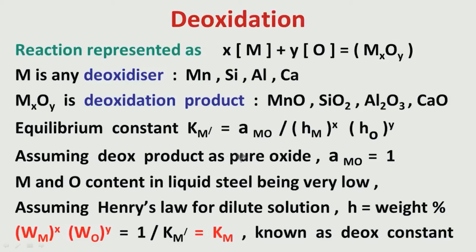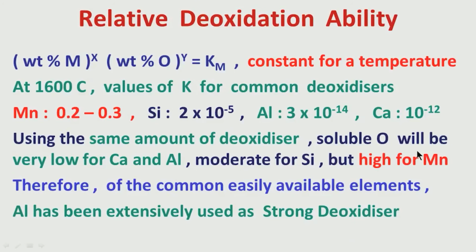So, from these equilibrium constants, I have shown that the weight percentage of the metal to the power x, into the weight percentage of oxygen in equilibrium in liquid steel to the power y, is a constant, and this constant depends only on the temperature and nothing else.